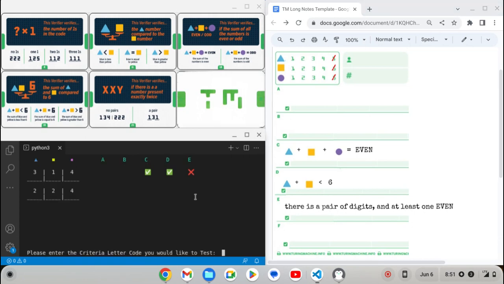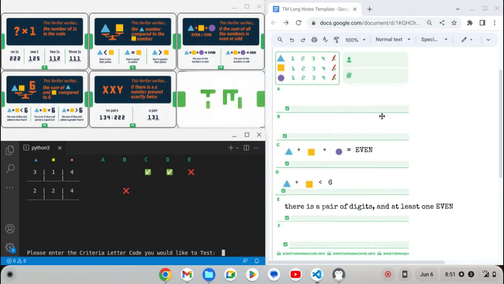Okay, the first thing, let's test whether they're equal or not. So let's do B. Okay, so the Turing Machine does not approve that they are equal. So it's not 2, 2, 4 then. Because again, I don't think it's going to be 1, 1.